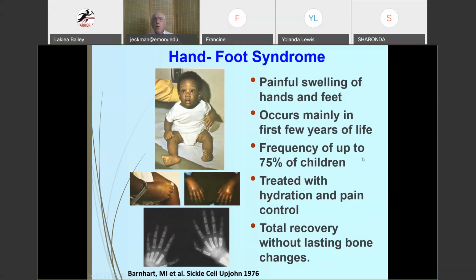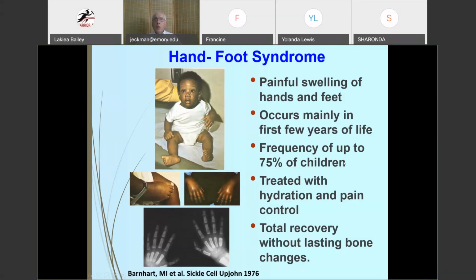The frequency is upwards of three-quarters of children, and in fact, before we did newborn screening, this was the most frequent way that sickle cell disease was diagnosed, because the child would present with this swelling of the hands and feet, and the clinician would know that this was related to sickle cell disease and then do the testing.